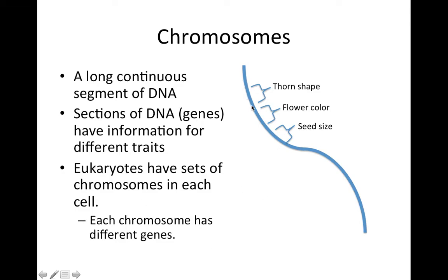They don't just have 1 chromosome per cell, or even 1 pair, but they typically have 2 or many pairs of chromosomes in each cell. Each different chromosome type has different genes on it. So there might be another pair of chromosomes that have genes for the shape of the root, or the shape of the leaf, or the size of the flower, for example.